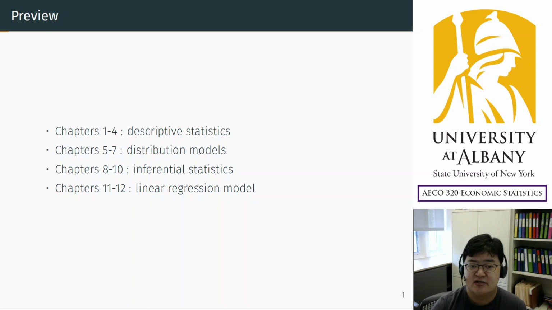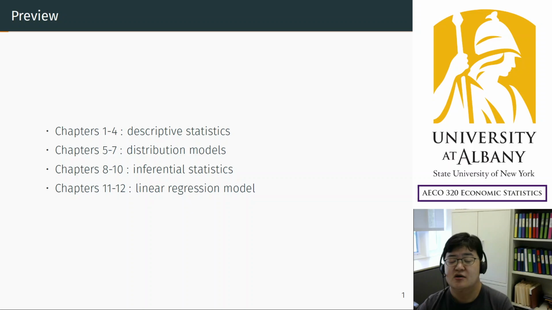And the second part is about distribution models. Model is a simplification of phenomena using a few assumptions. So this is a typical way of science studies, like natural sciences.